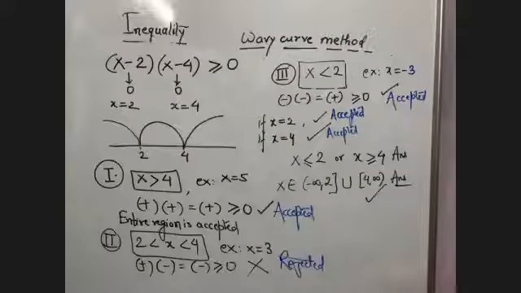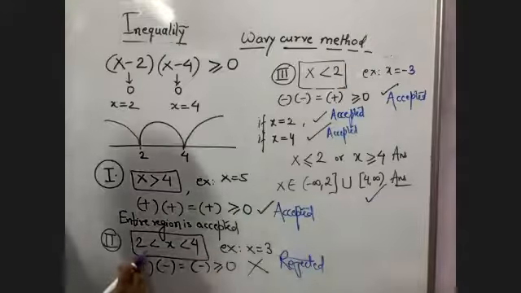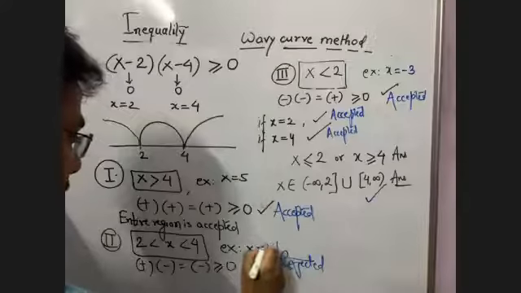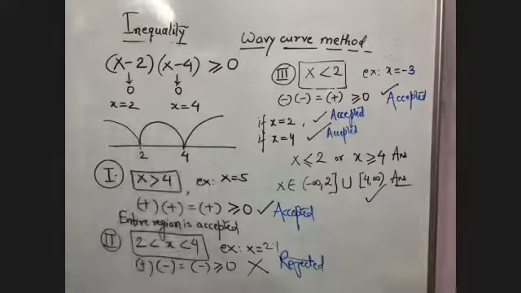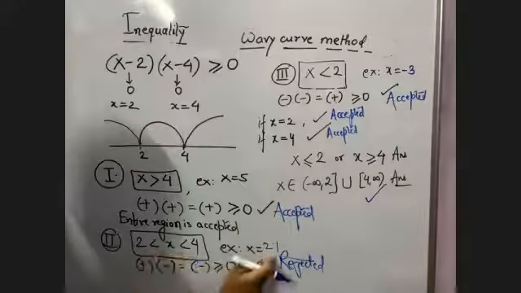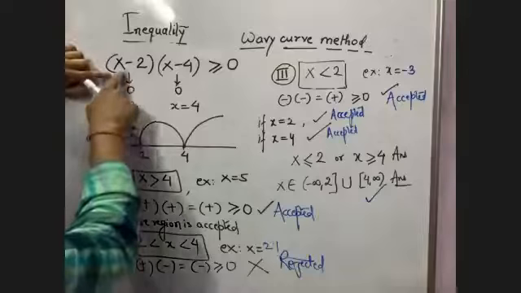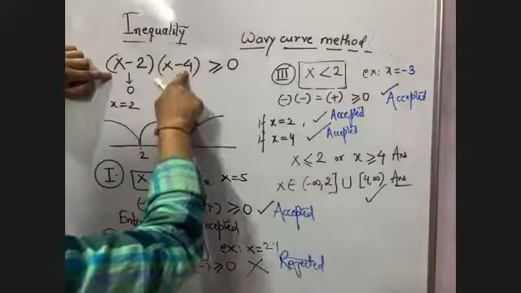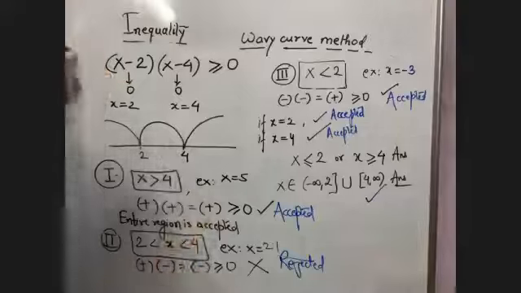Clear now? Why did you take only 3 as the value of x? You can take anything, beta. If you don't want to take 3, take any number in between. You can take 2.1. Any number will satisfy in between. 2.1, look at this. 2.1 minus 2 is positive. 2.1 minus 4 is negative.